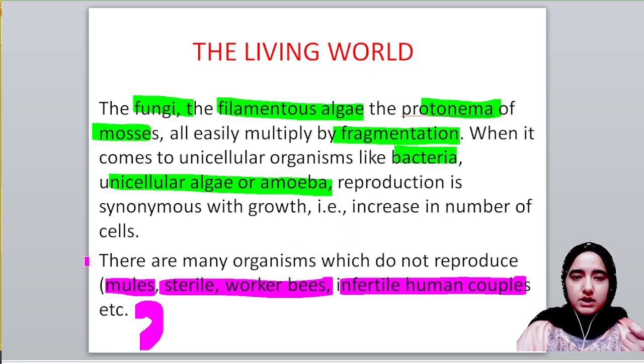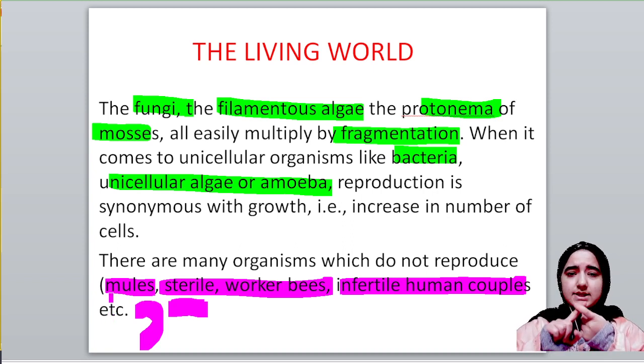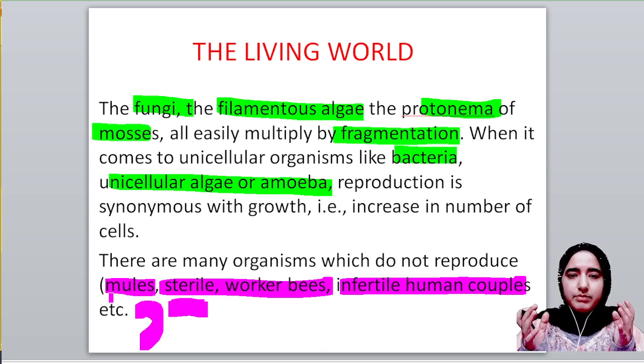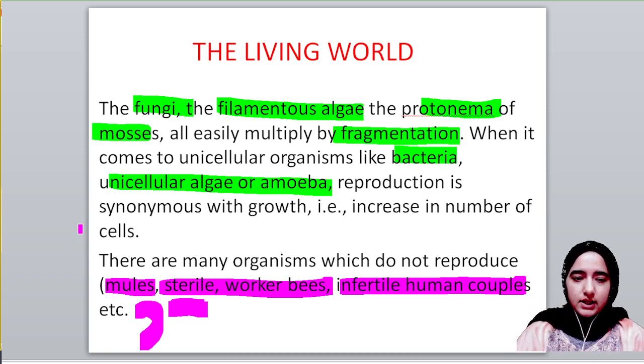Talking about sterile worker bees, they are already sterile, as the name says. And talking about mules, they are produced by a horse and a donkey. That's why they are sterile. So whenever we want a mule, we just do artificial mating of horse and donkey outside the body in the laboratory.